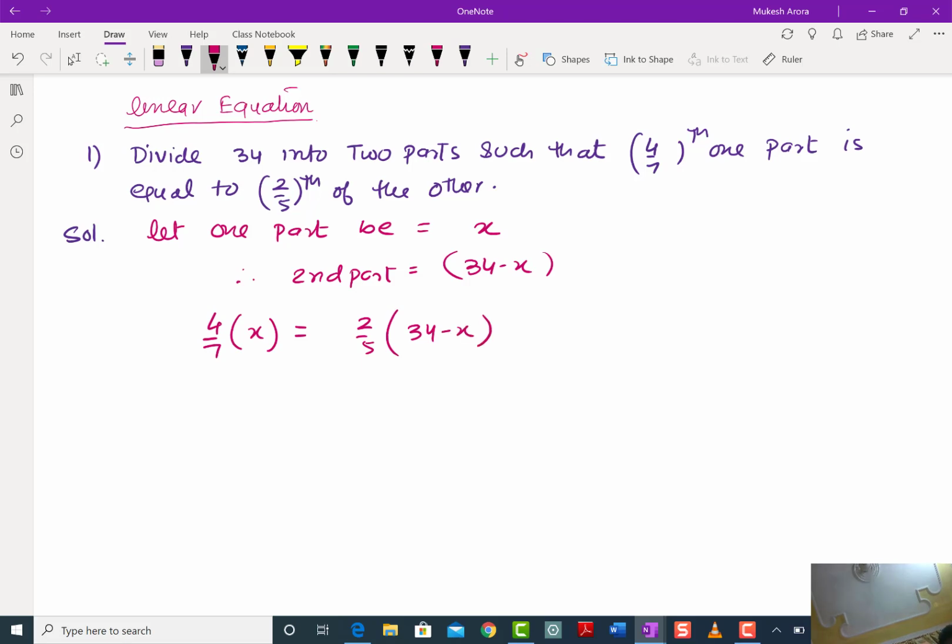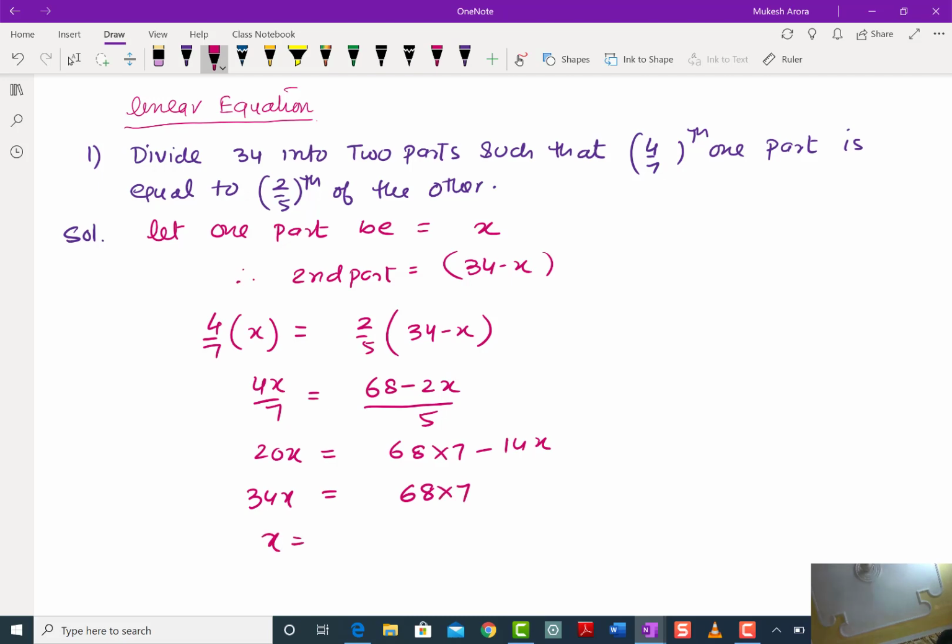So this is 4x by 7 is equal to 68 minus 2x by 5. Cross multiply, 20x is equal to 68 into 7 minus 14x. So this will be 34x is equal to 68 into 7.